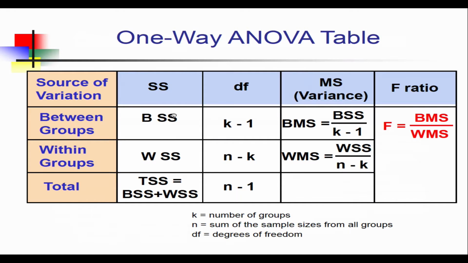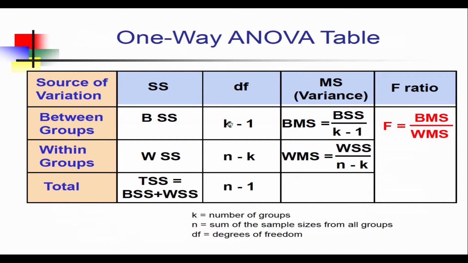The next column is the sum of squares. I just showed you how to calculate them. If you calculate the between group and within group sums of square, the summation of them should equal the total sum of square.